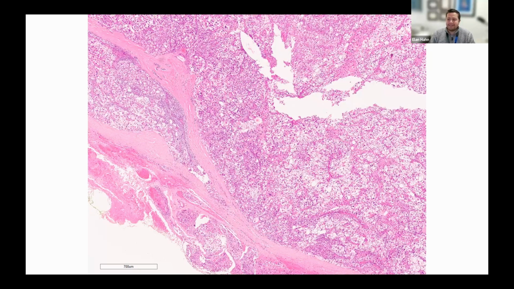So if this was convincingly in a vessel and in more than one vessel, this would be called parathyroid carcinoma. At the time, we were not convinced that it was definitively within vessels as an invasive process. So that's why it just got called suspicious for carcinoma.